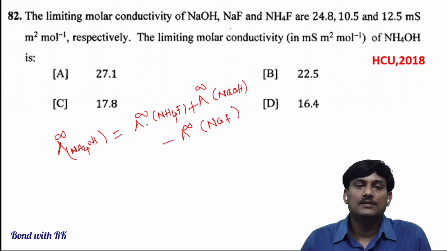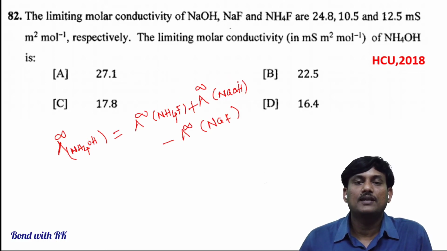So it can be written as lambda infinity of NH4 plus lambda infinity of F minus plus lambda infinity of Na plus lambda infinity of OH minus. This one is minus, so there is a cancellation of Na term and F term. So finally you will get lambda infinity of NH4OH.